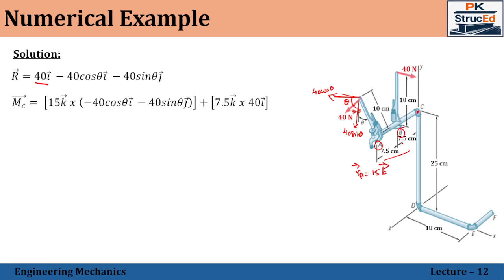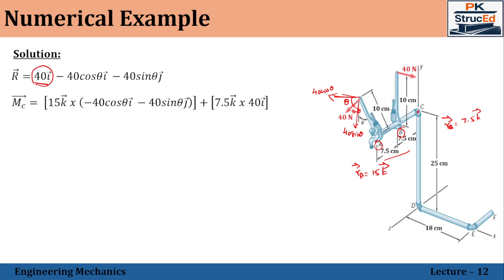Similarly, for B, if I am calculating the moment of the force applied at the point B, RB will be the displacement vector with respect to point C, which is 7.5 K vector. The displacement vectors for both forces at A and B are known, and the force vectors have already been calculated.